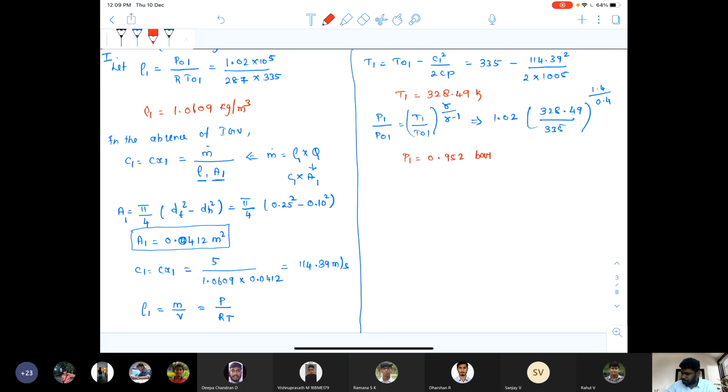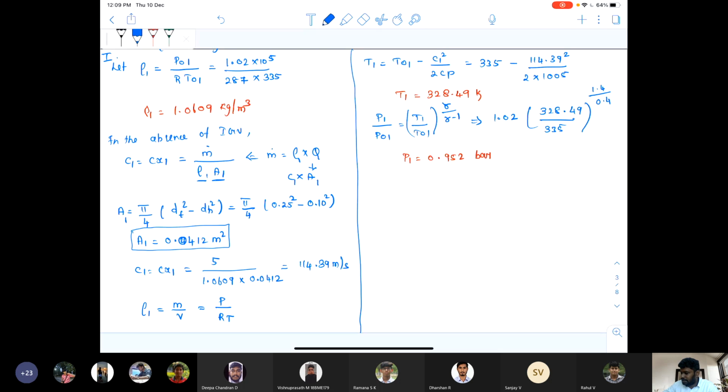Now we have found the value of P1, and if you substitute the value of P1 and T1 in this equation, you can get the value of rho 1.